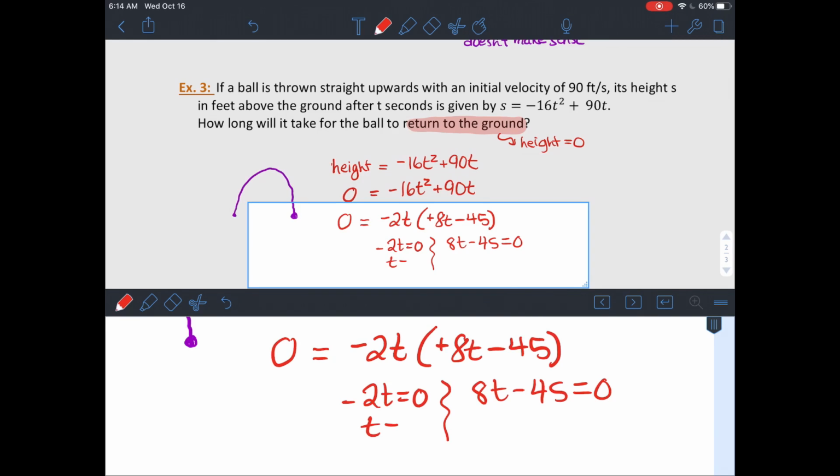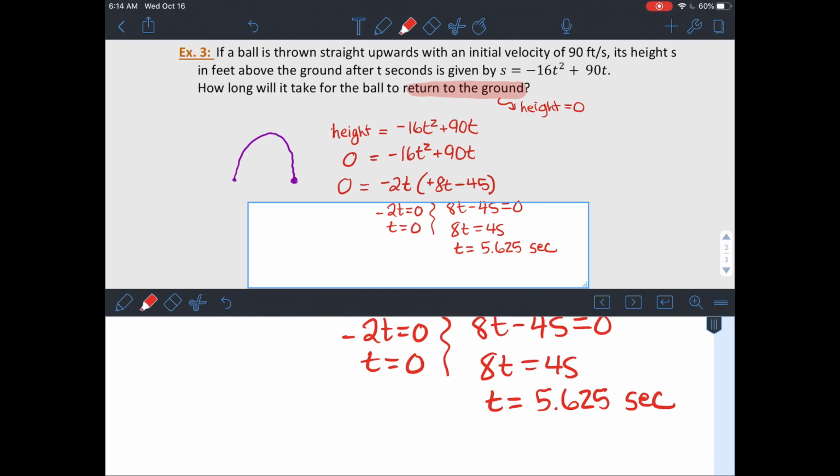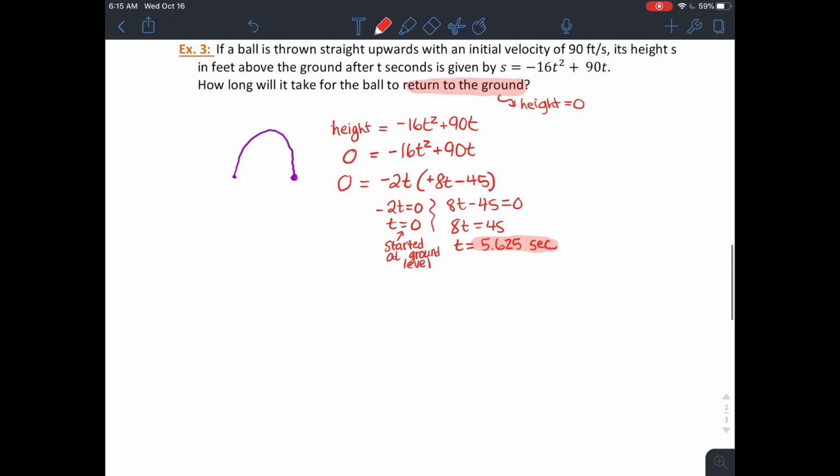And you'll end up with t equals 0, and if you add 45 and then divide by 8 over here, you're going to end up with 5.625 seconds. So you got 2 times because there are 2 points at which your height is 0 because it starts on the ground, and then it goes back up because you threw it in the air, and comes back down. So the one we're looking for is the 5.625 seconds that it takes to return to the ground.